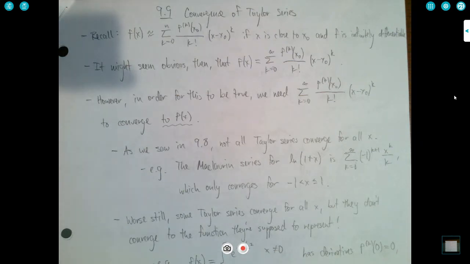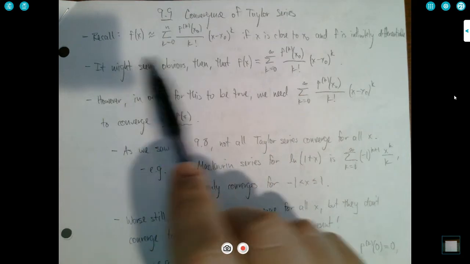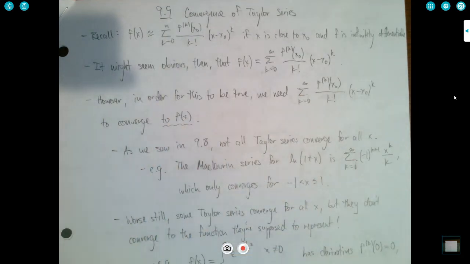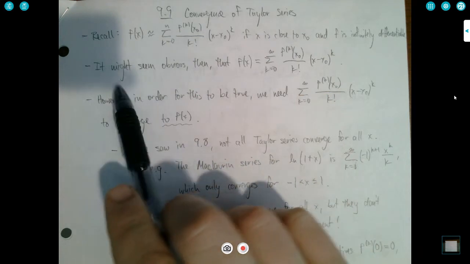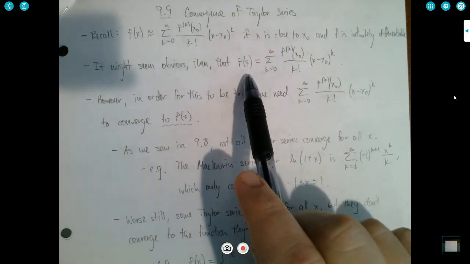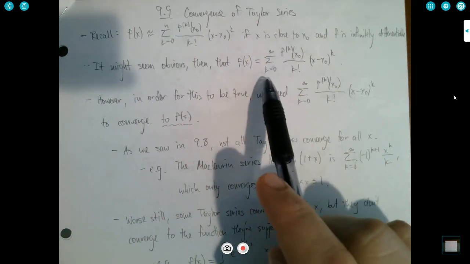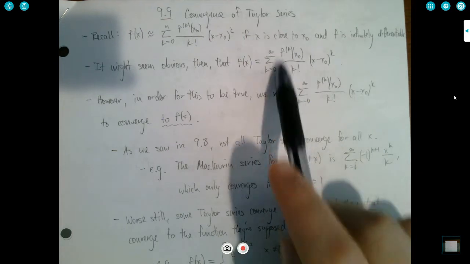And so we've sort of answered that question: how close does x have to be to x naught in order for this to be a good approximation? The answer is, it has to be within the interval of convergence, right? Another thing is that it might seem obvious that f of x would equal the sum as k goes from 0 to infinity of the Taylor polynomial.